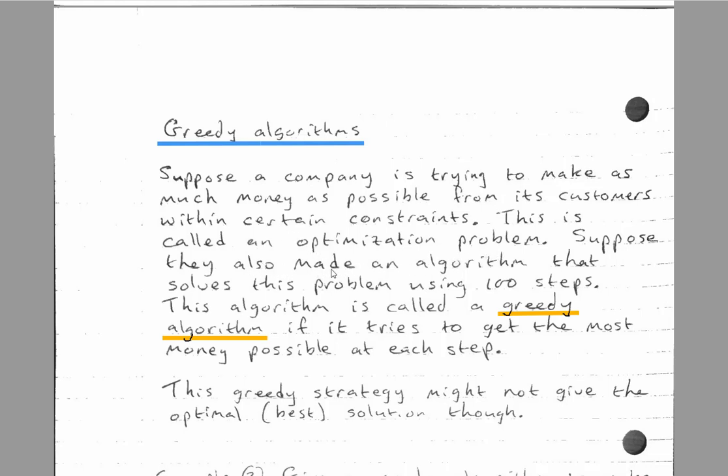Suppose this company has figured out an algorithm that solves this problem, say using 100 steps. The algorithm is called a greedy algorithm if it tries to get the most money possible at each step.